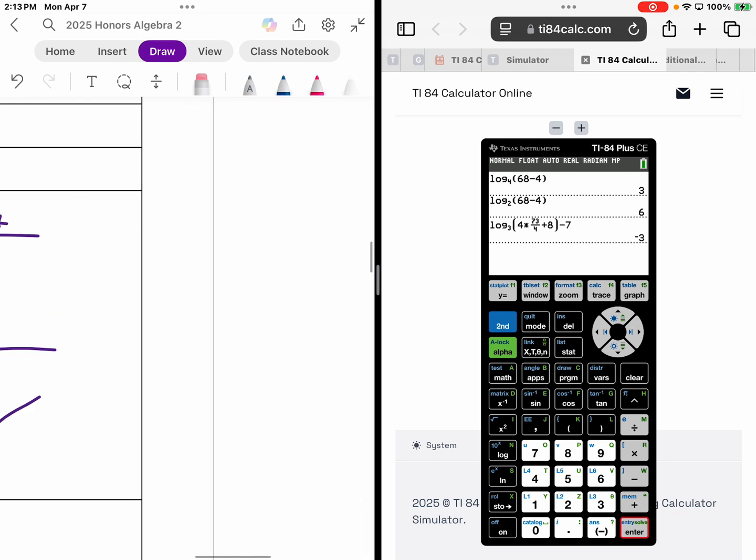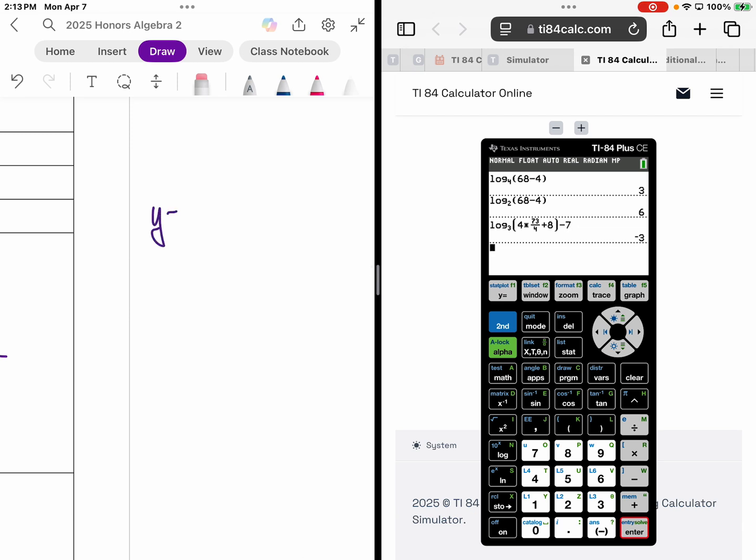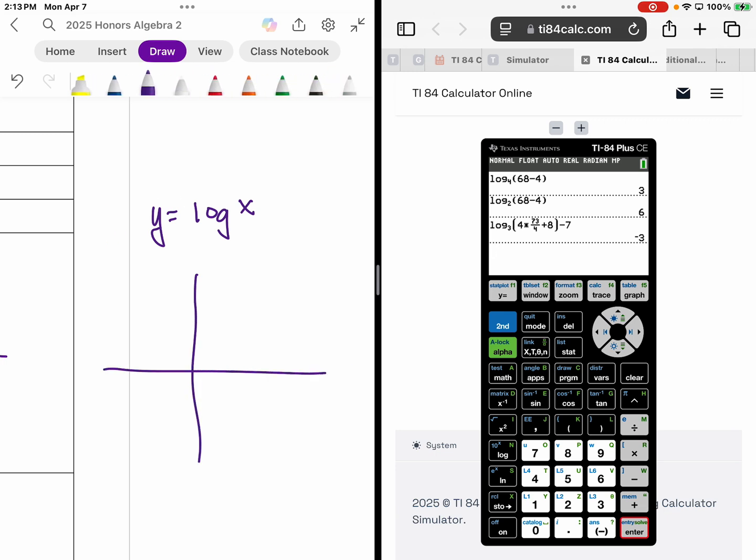You can always graph it on your calculator, but if we do y is equal to log x, that graph hugs the y-axis, comes up in quadrant 4, crosses, and grows like that. It crosses at 1, 0. If you take the log of 1 in your calculator, you'll get 0. If you take the log of 0.5, you're going to get a negative answer.